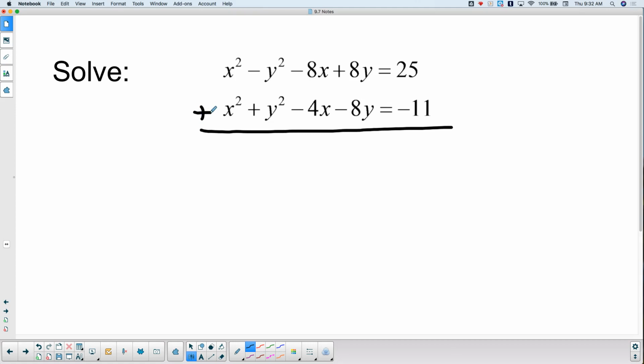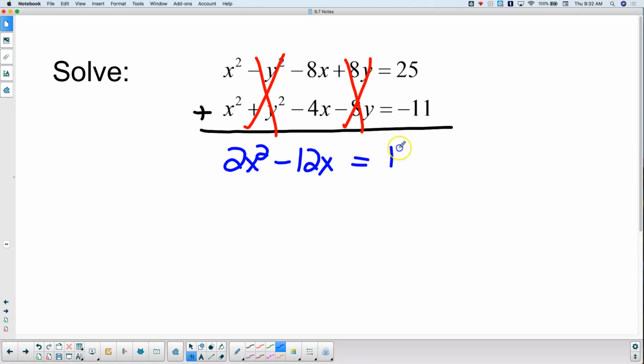Yeah. Okay. So those go away. Those go away. Right? Gives me 2x squared minus 12x equals 14. Yes?